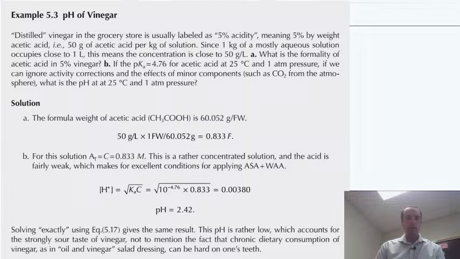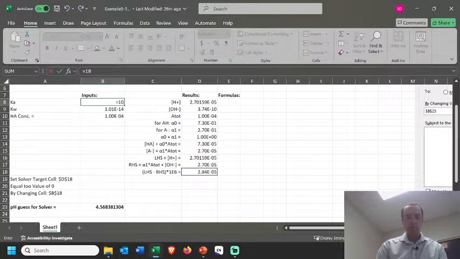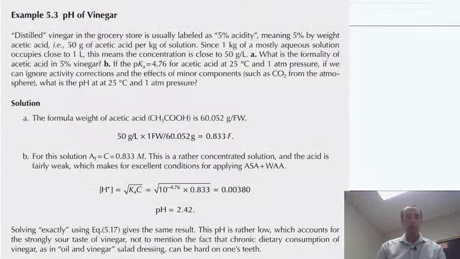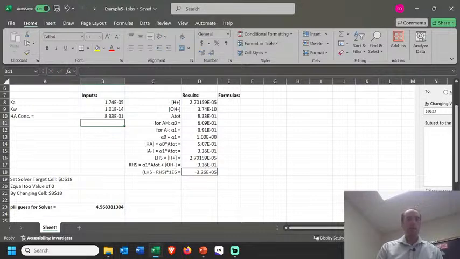If we put in Ka as 10 to the minus 4.76, and then we put in a total concentration of 0.833, and then we tell it to solve.